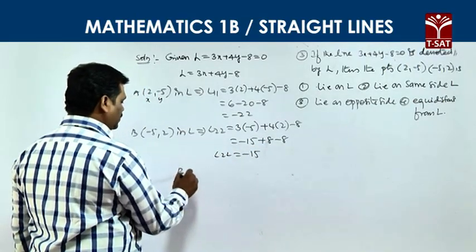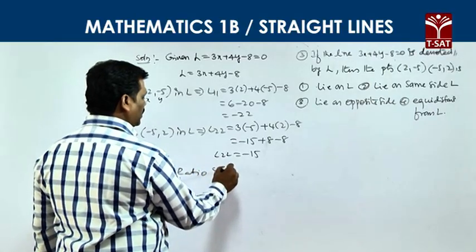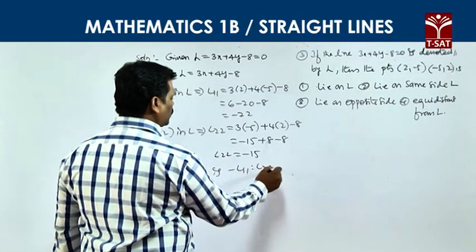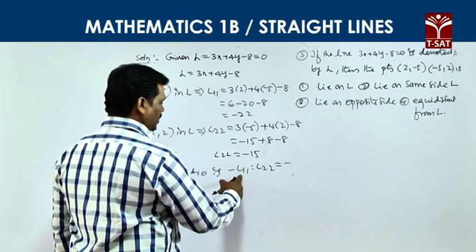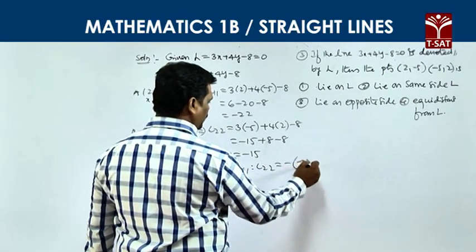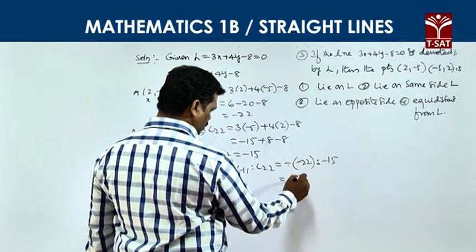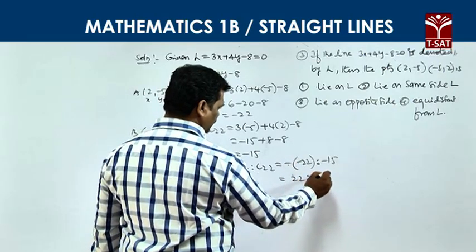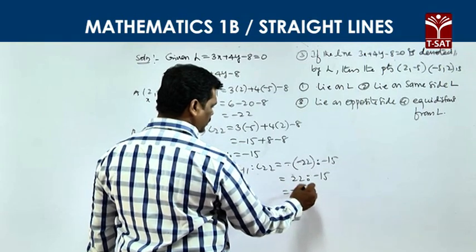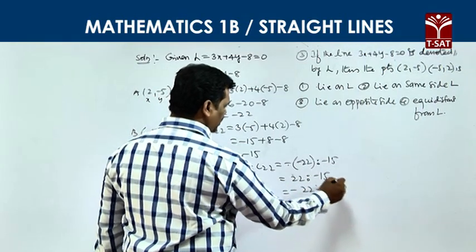So here the ratio is −L11 : L22 = −(−22) : (−15). Minus into minus is plus, so 22 : −15, which is nothing but −22 : 15. It is less than 0.